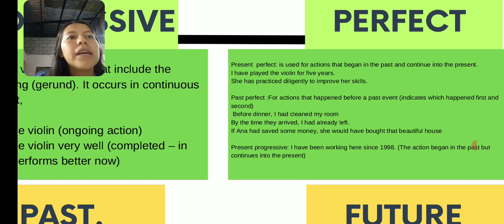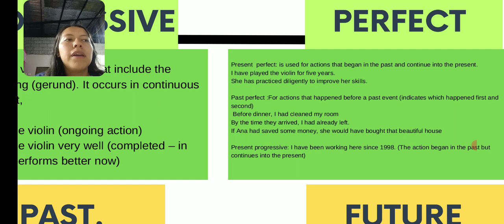For example, I have played the violin for 5 years, or she has practiced diligently to improve her skills. As you can see in the present perfect, we use the auxiliary have or has.